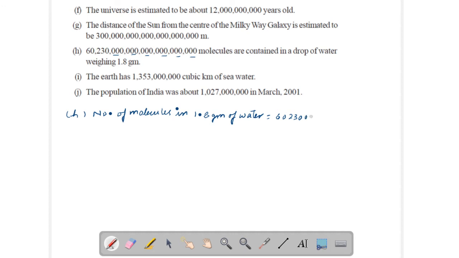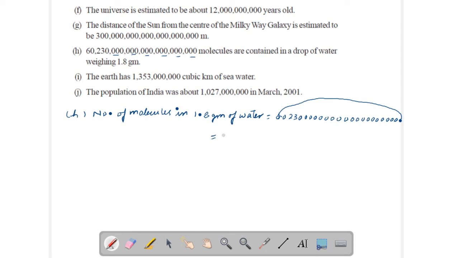That is 1, 2, 3 up to 18 zeros. Here this can be written as, where is the decimal? It is here. From here you have to bring the decimal after one digit, that is after 6.